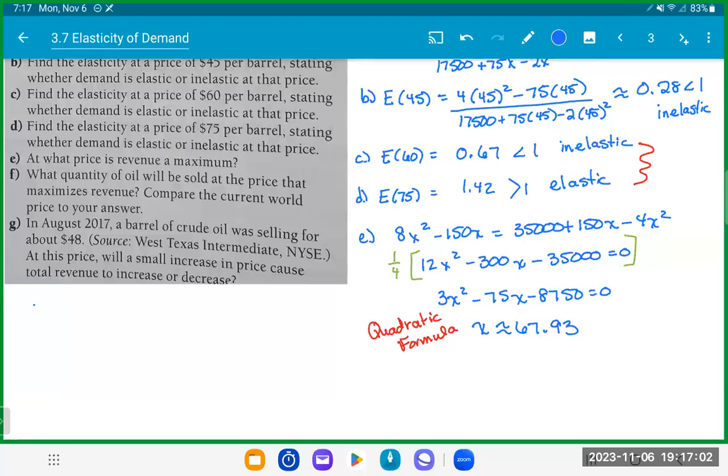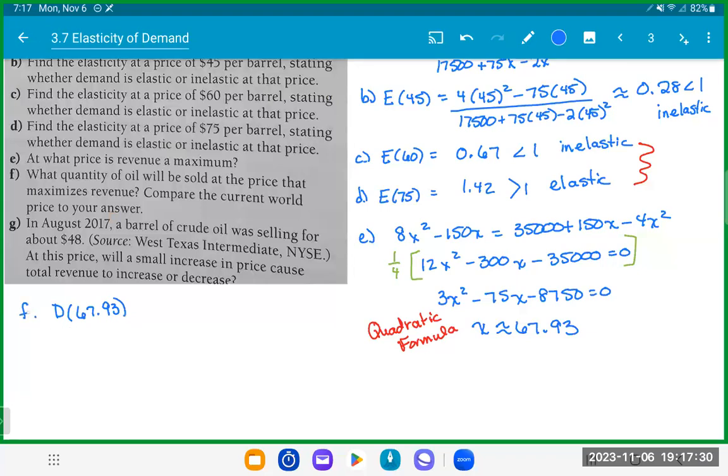So part F, right? This says what quantity of oil will be sold at the price that maximizes revenue, right? So if our cost is $67.93, how much oil does that mean we're selling? So we want to evaluate our original function at x equal to 67.93, okay?